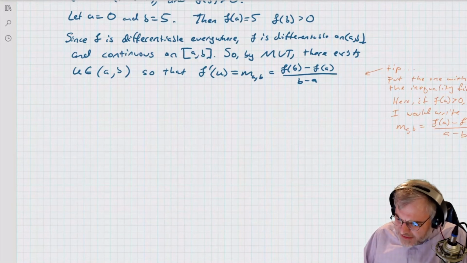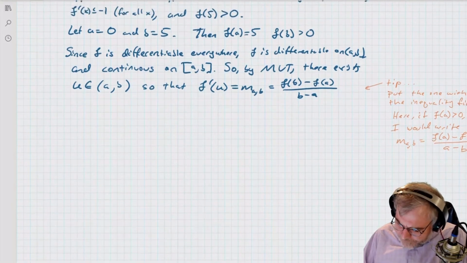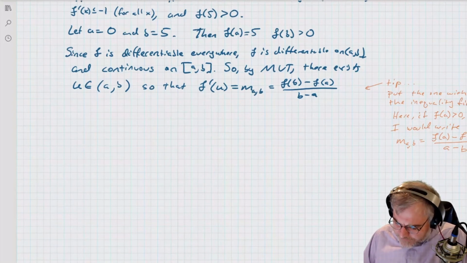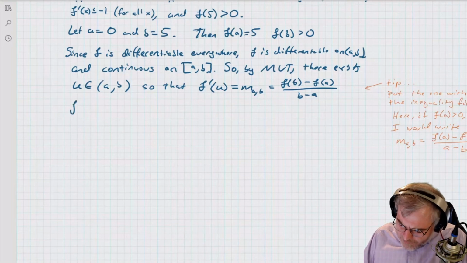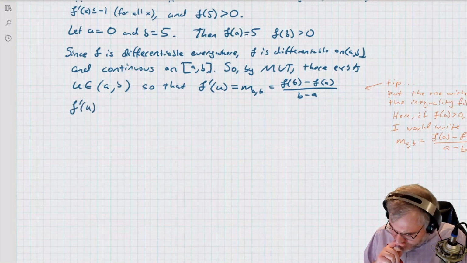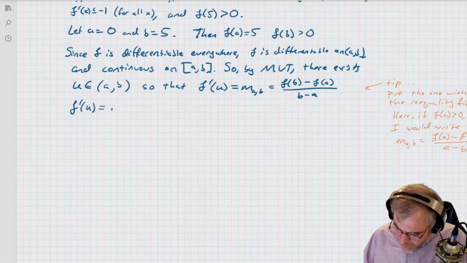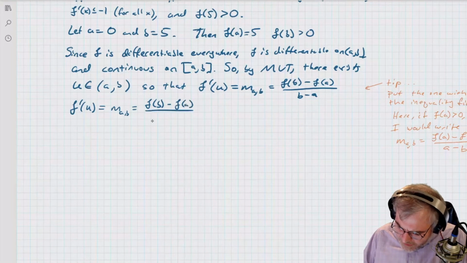All right, so I've got this here. So there's some place where this is true. Well, f prime of u equals m_ab, which equals f of b minus f of a all over b minus a.